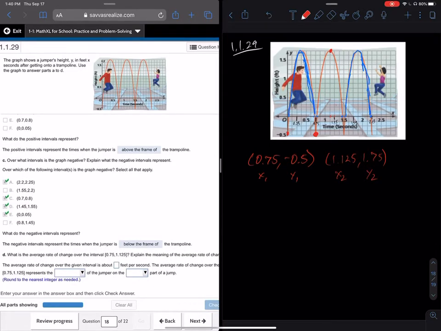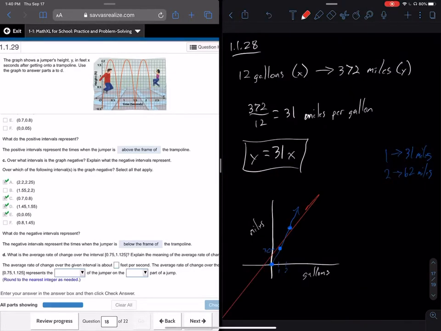So let's plug these in here. Negative 0.5 minus 1.75 over 0.75 minus 1.125.